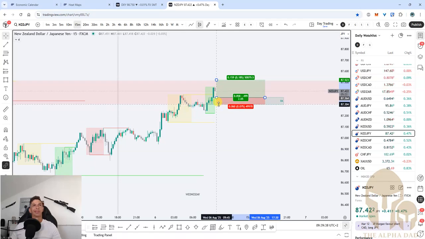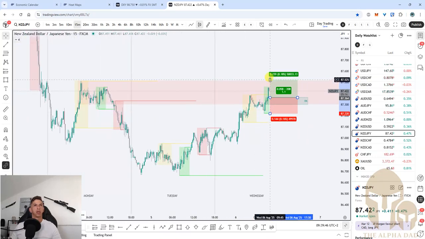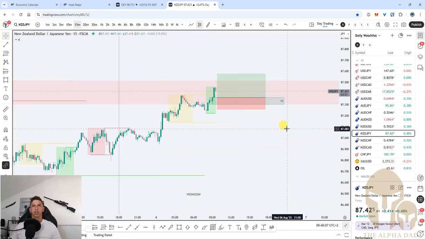Five pips. But then we go to 15. I actually like this. But like this, I would put like 10 pips. Yeah, let's play this too. No, you know, let's not play this too.